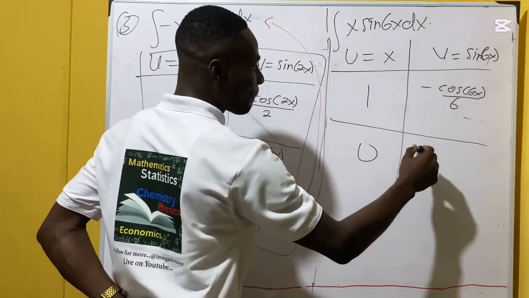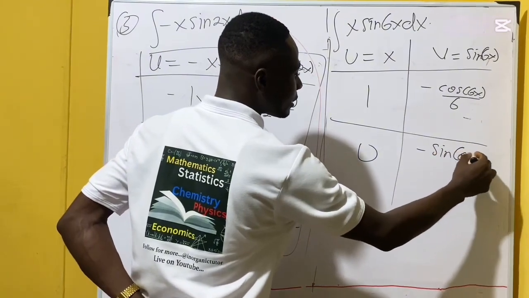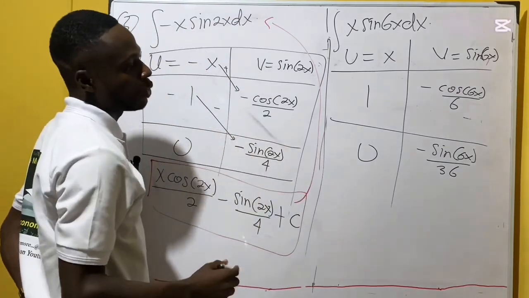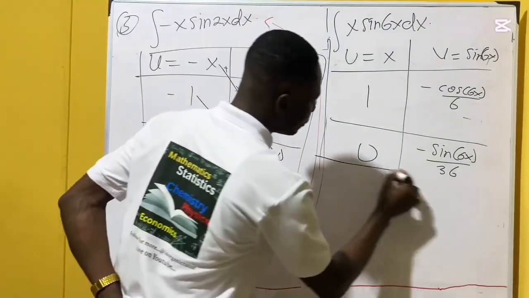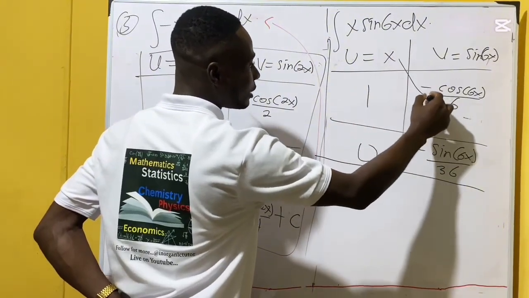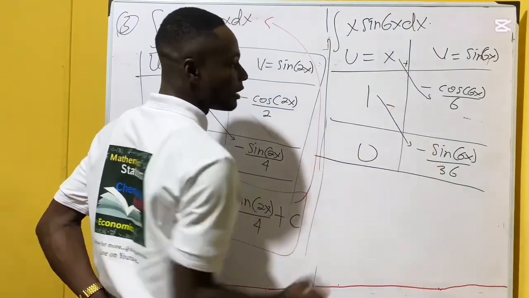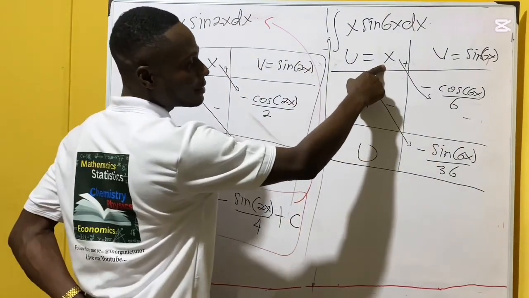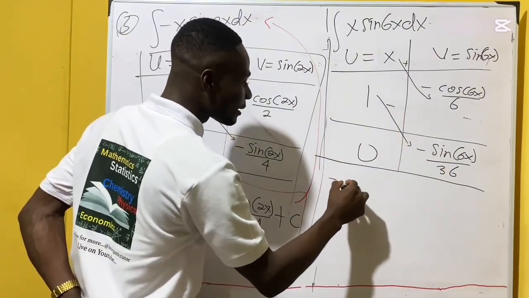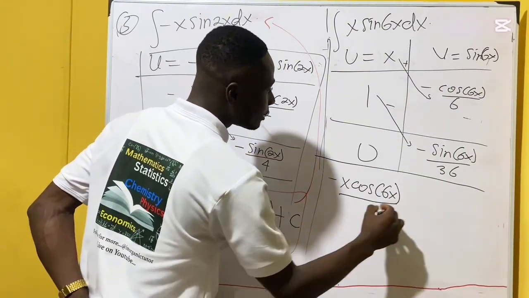Go down again, then we have negative sine 6x on 36, right? So you are done with whatever you want to do. What you have to do is effect the signs, right? So this maps to this, and we have plus here. This maps to this, and we have negative here. So this x times negative cos, right? So you have negative x cos 6x on 6.